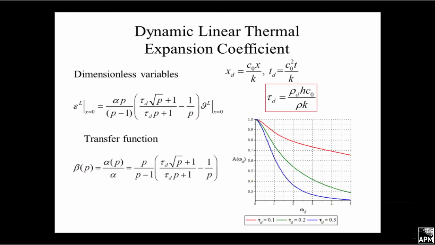After that, we pass to dimensional variables, and we see that we can also obtain this relation between the strain and the temperature with the help of the Laplace transform, and we can obtain the transfer function.